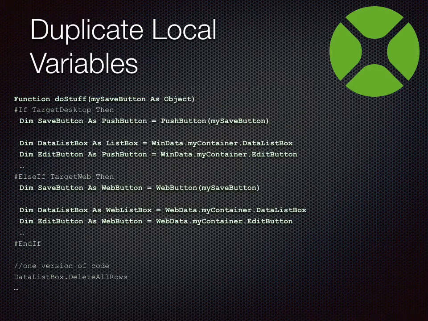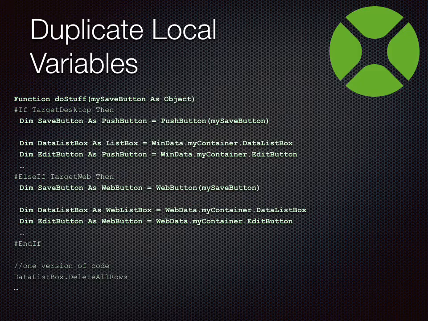Another thing that you can do when you bring them across is assume, if you're writing the application and you know what's coming across, that you know the object type, and point the duplicate local variables to their original location. So what we've got here is a particular function which is passed a button, but also makes use of other objects within it.